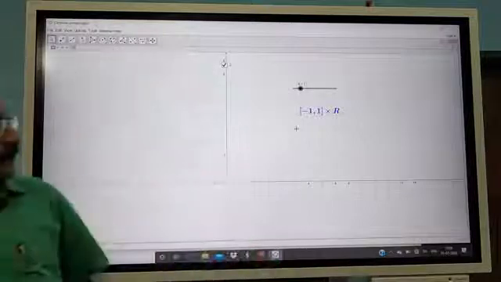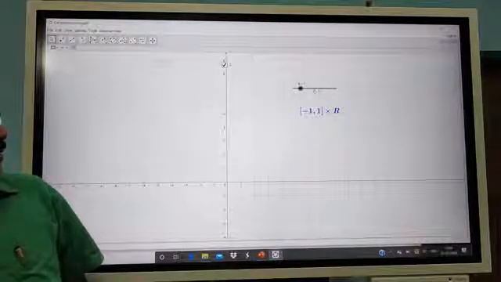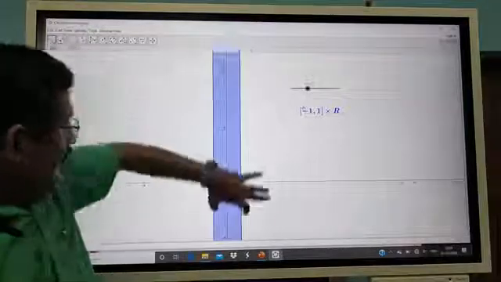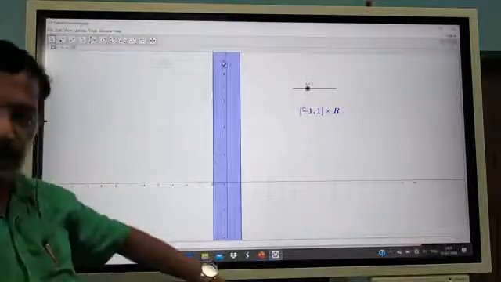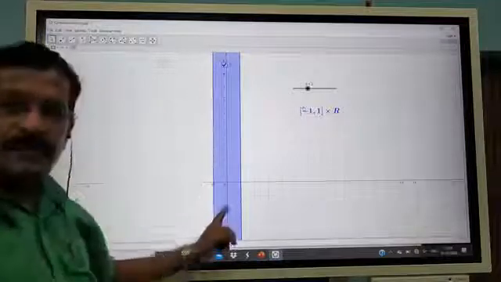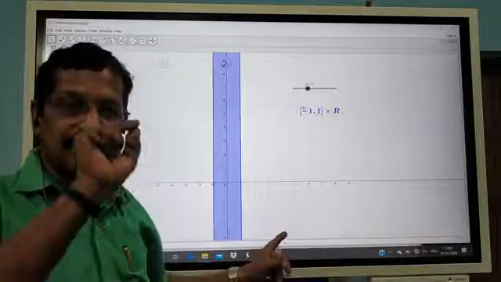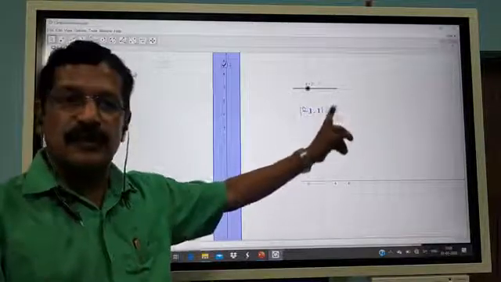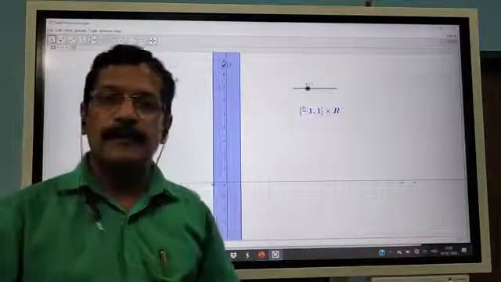Let us see. It is this strip. In this blue color strip, all the points in this strip are points of the set [-1, 1] cross R.